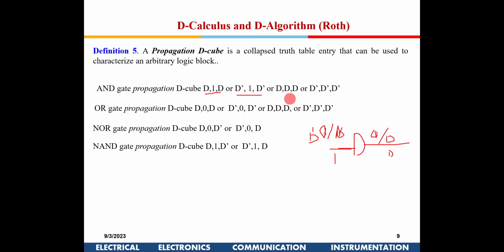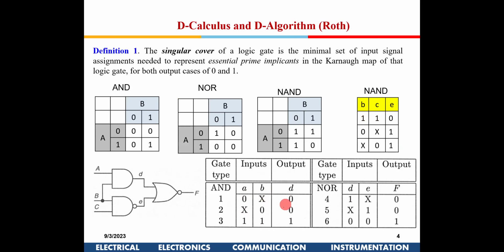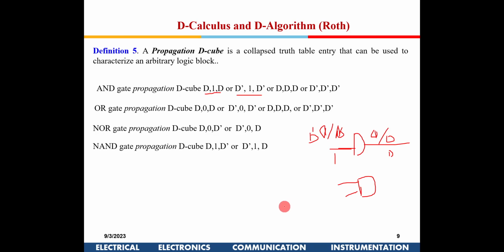There could also be cases where, for an AND gate, both inputs are D, in which case we get an output D, or both are D bar, and we get an output D bar. Over and above the binary truth table, the truth table will have this information too, because D is also a variable for us.